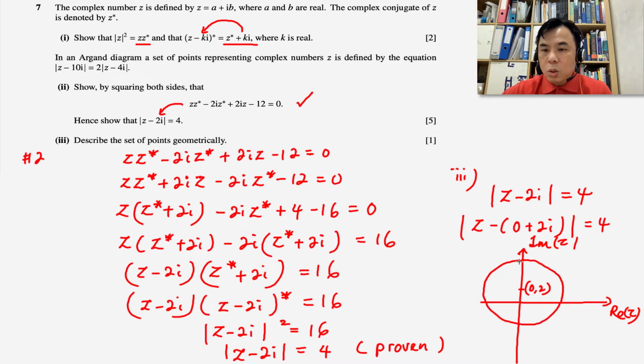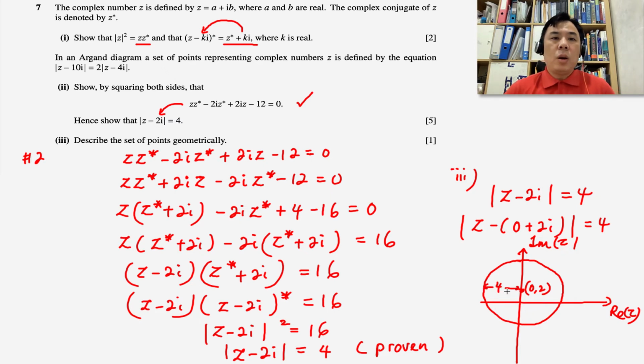I did not draw it correctly, but roughly it represents a circle. So to describe this geometrically, this complex equation represents a locus of a circle centered at 0, 2 with a radius of 4 units long.